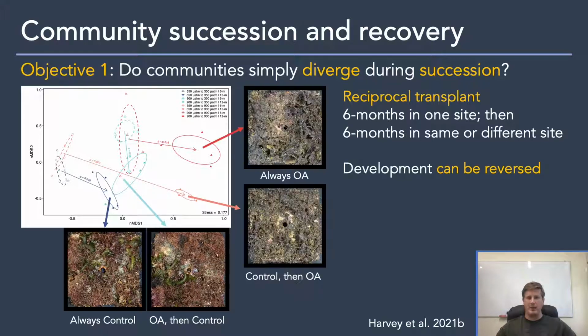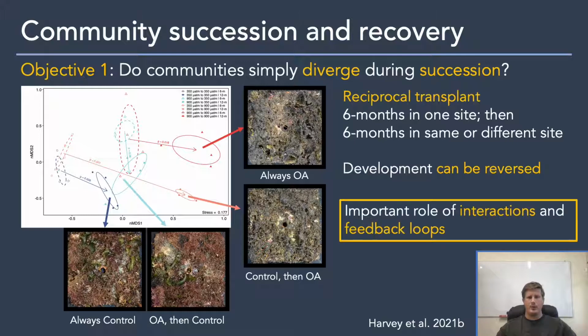And the same was found within the high CO2, where despite having had 6 months under the control conditions, it would still then revert to a turf-dominated system, while being the latest development within the high CO2.